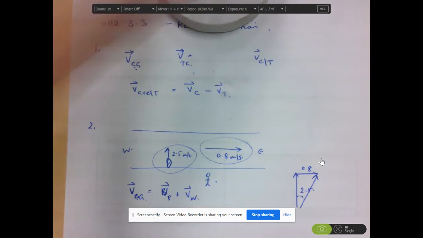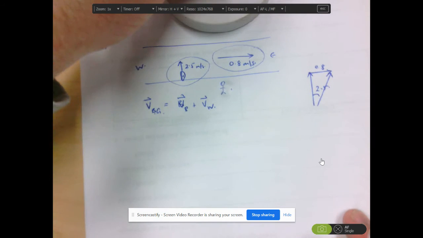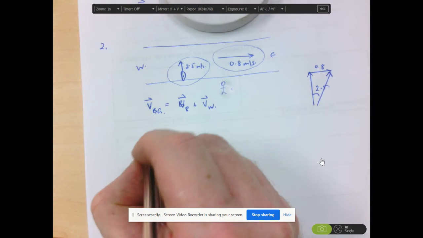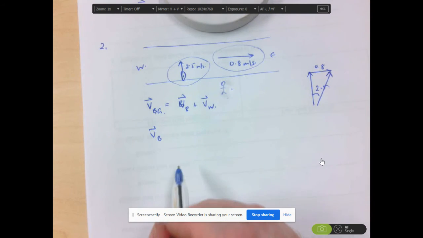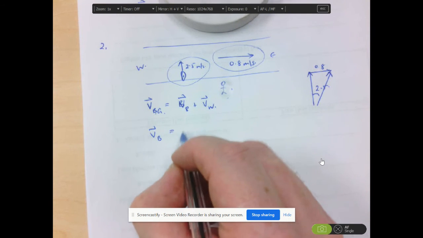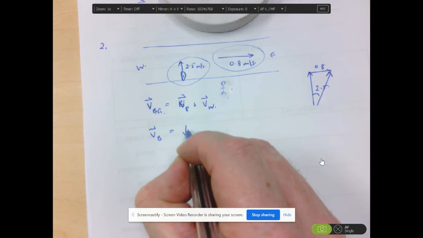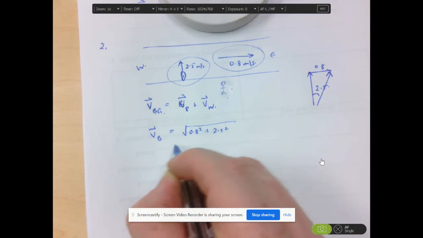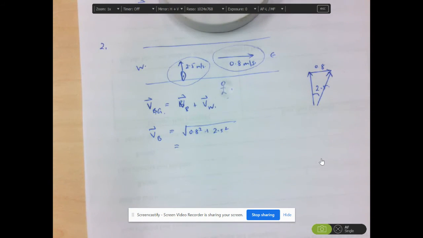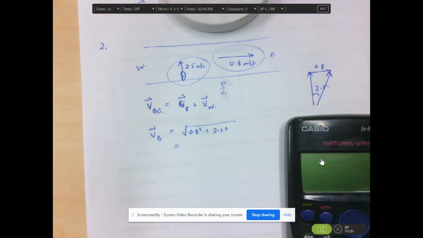The overall velocity of the boat will be given by Pythagoras. So the velocity of the boat as observed by the stationary observer would equal the square root of 0.8 squared plus 2.5 squared.